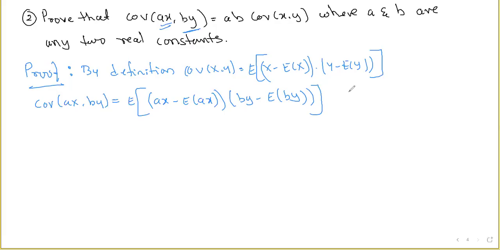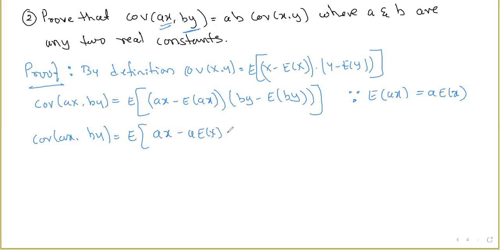Clear for this? Clear. So now we know that expected value of ax is nothing but a into expected value of x. So covariance of ax comma by is equal to expected value of, this is outside expected as it is, ax minus a into expected value of x because of this, right? Next, by as it is.